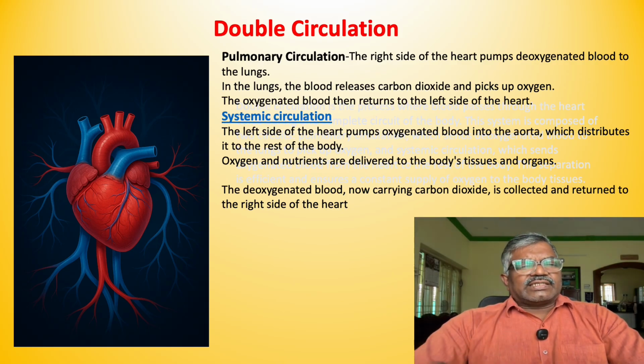So these are the very important veins and arteries. This is known as double circulation. One is pulmonary circulation, the right side circulation, and the other is systemic circulation, the left side circulation. The left hand side has oxygenated blood, the right hand side deoxygenated blood.